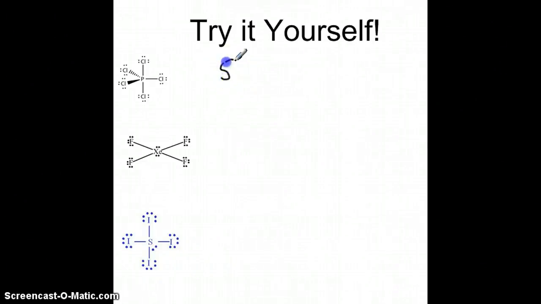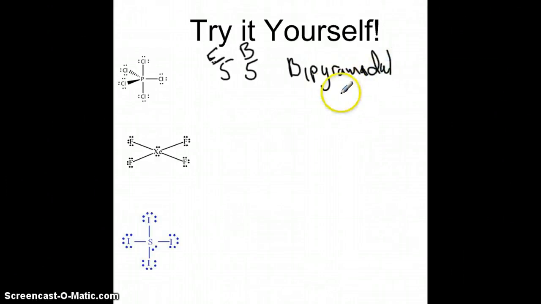Okay, this is 5 electron domains. I'll put just an E here, and a B, electron domains, bonding domains. So that is bipyramidal, and the bond angle is 120 and 90 degrees.